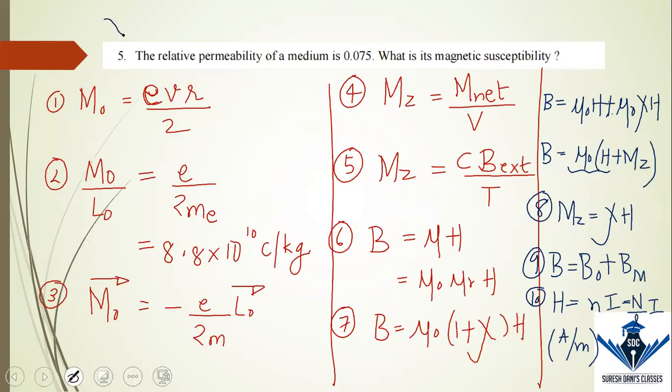So chi, the magnetic susceptibility, comes to, I think, 0.925. Please check. This should be the answer for chi.